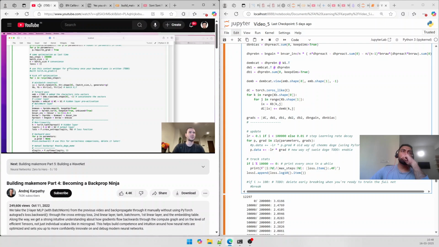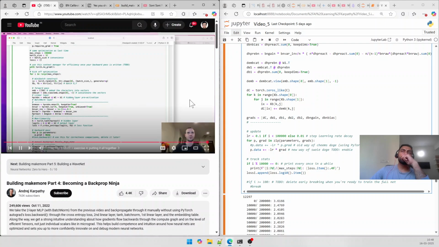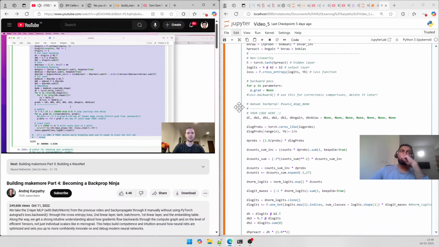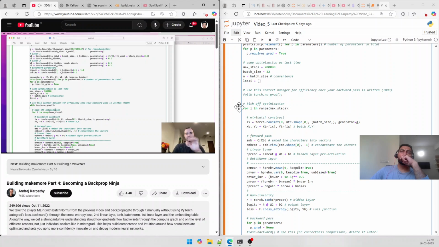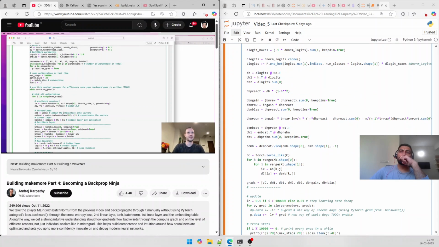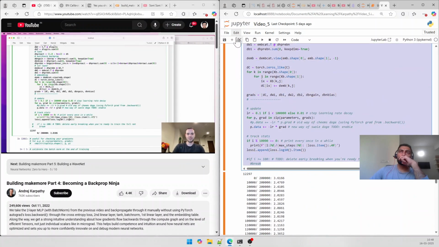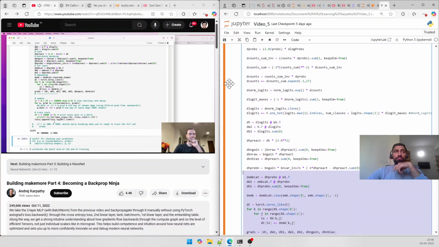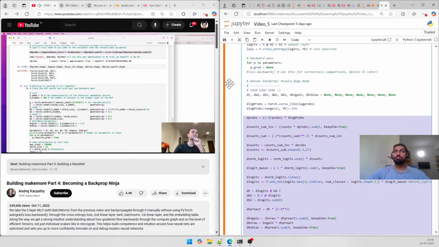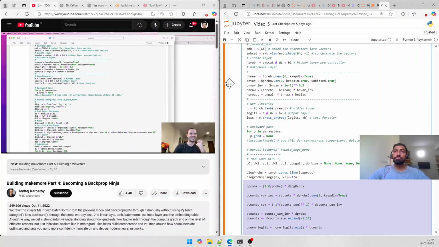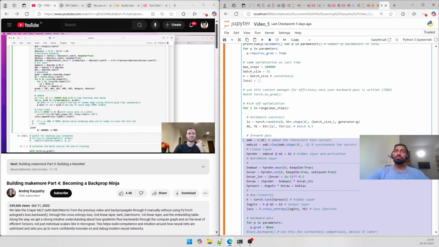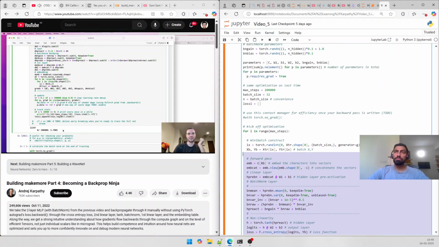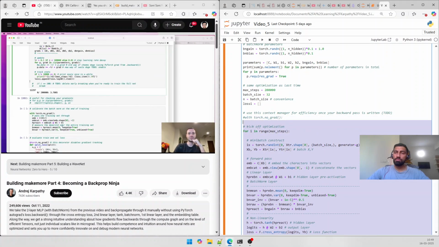And so one thing you can do here is use with torch.no_grad and indent this whole code block. Really what you're saying is you're telling PyTorch that, hey, I'm not going to call backward on any of this. And this allows PyTorch to be a bit more efficient with all of it. And then we should be able to just run this, and it's running. You see that loss.backward is commented out, and we're optimizing. So we're going to leave this run, and hopefully we get a good result.